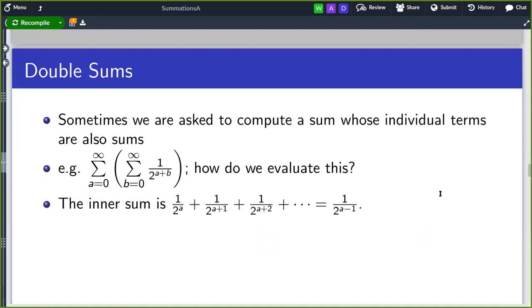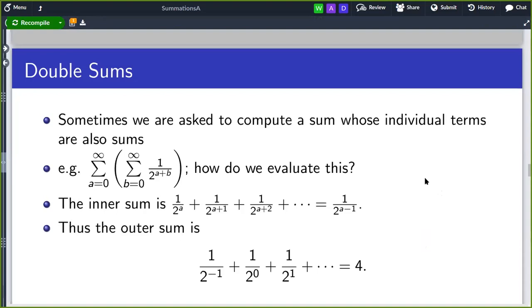Now we can throw this right back into the outside sum. With the outside sum, we now just sum 1 over 2 to the a from a equals minus 1 to infinity. And now we get 4. That factoring we have over there is one of the strategies we'll talk about later to deal with double sums.